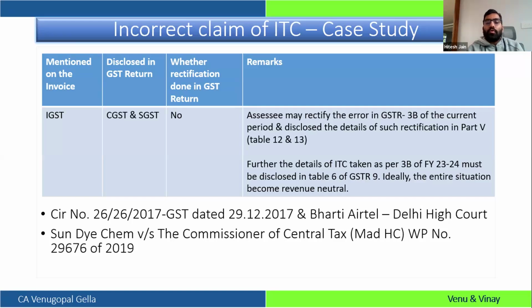So the taxpayer may rectify the error in GSTR 3B of the current period and disclose the details in part 5, table 12 and table 13.